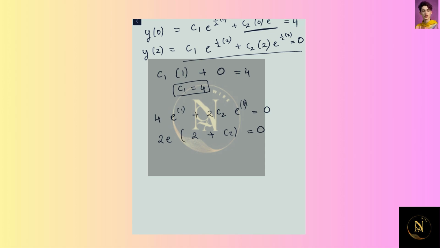This is a multiplication of two terms in which the first term is non-zero, so when you multiply these two terms the answer is 0, hence the other term must be 0. So 2 + c2 = 0, and this implies that c2 is equal to -2. So we have figured out what c1 and c2 are.